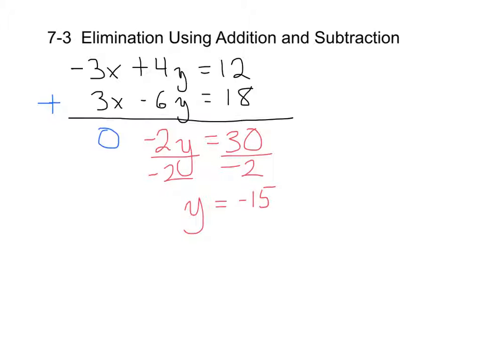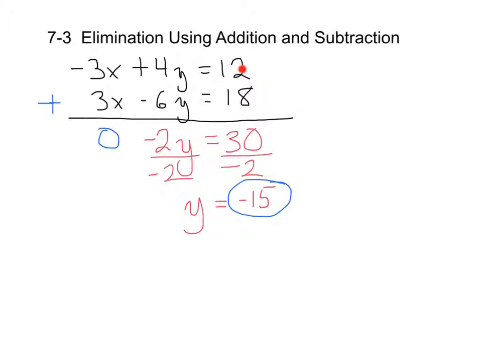All right, now after you do this, then it becomes like the substitution method, where in order to figure out what x is, I have to take this negative 15 and substitute it back into one of the above equations. I could either put it in the top equation and solve it, or put the negative 15 in the bottom equation and solve for x in that equation.